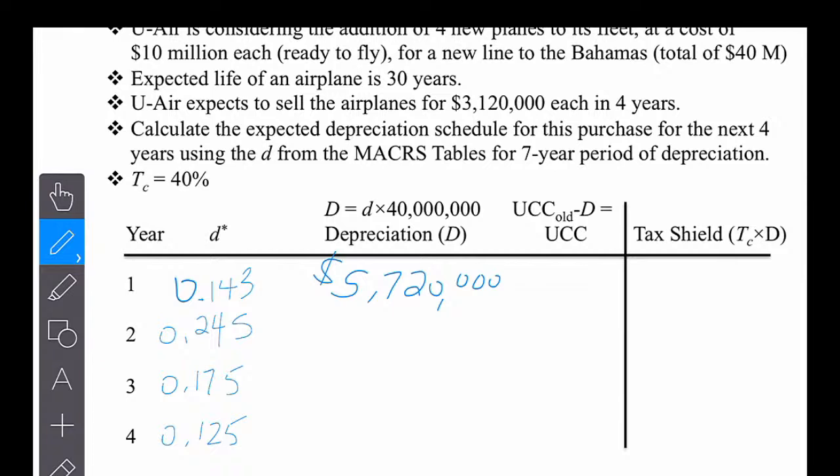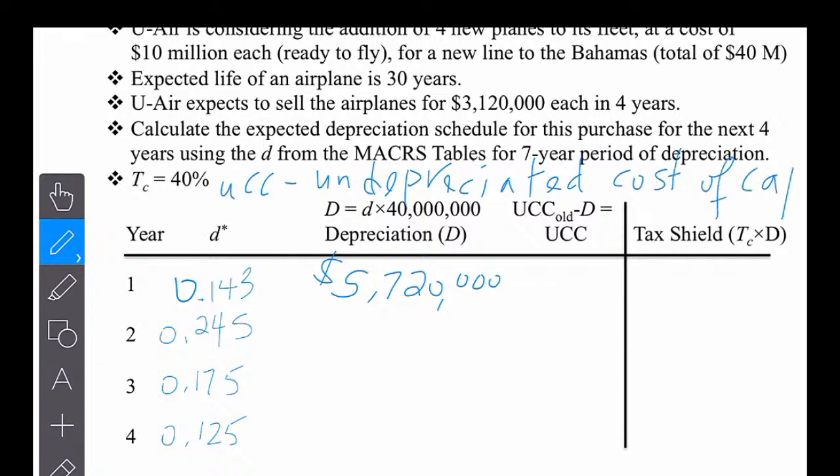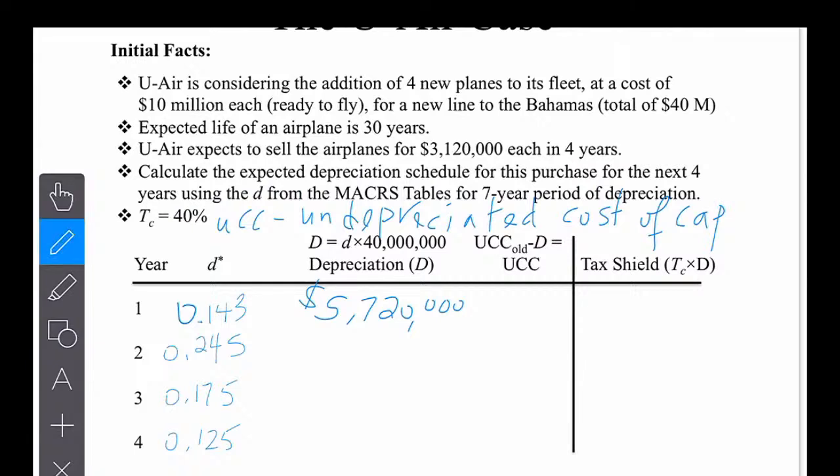First of all, we need to figure out the UCC. UCC is the undepreciated cost of capital. Okay?